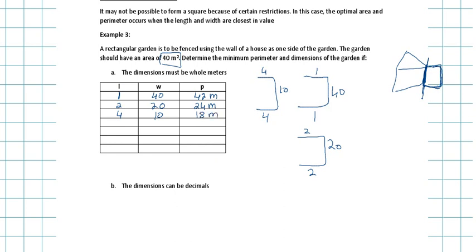Can I divide 40 by 5? Yes. 5 times what gives me 40? 8. So that gives me 18 again. Can I divide 40 by 6? By 7? By 8?